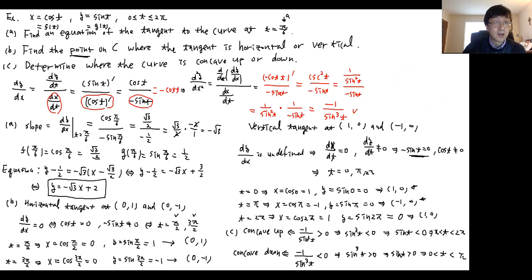I can check by using the graph. So x equals cosine of t, y equals sine of t.